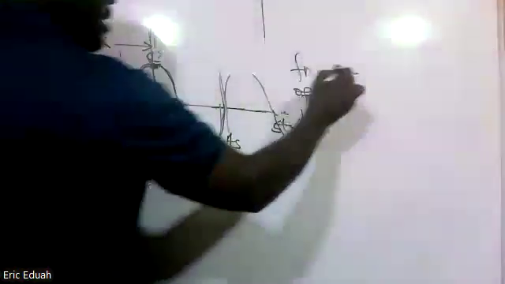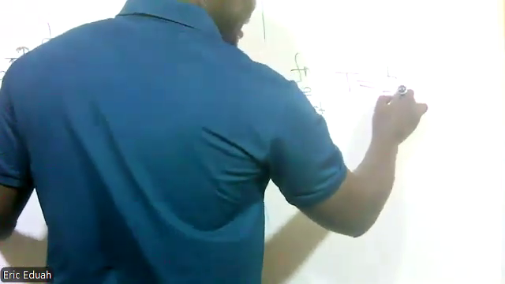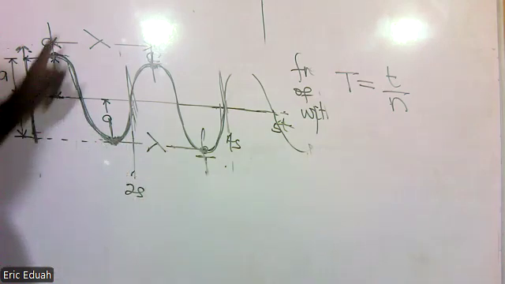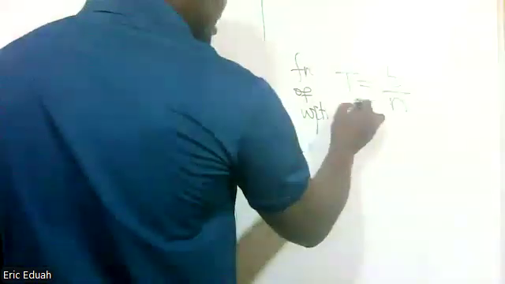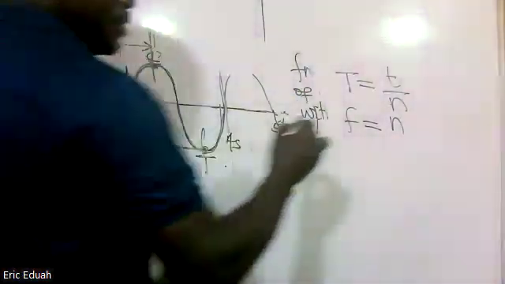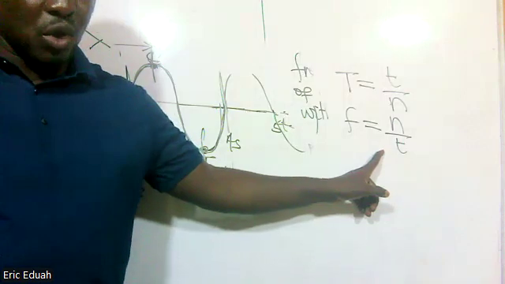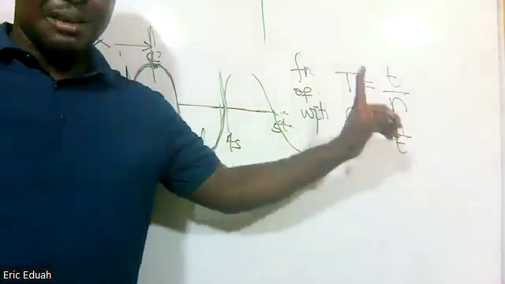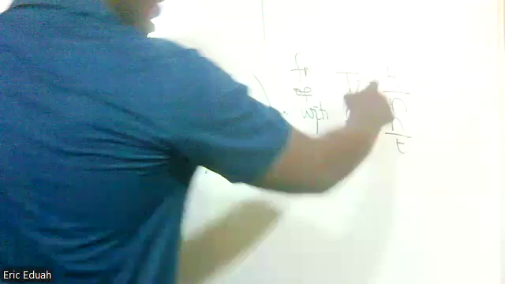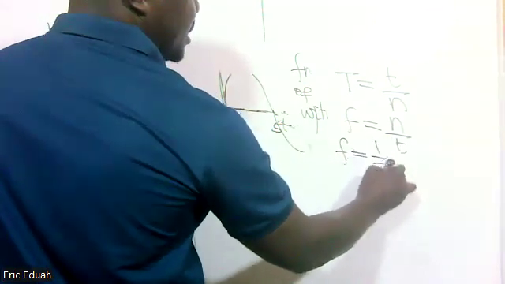T, the period, is equal to the total time divided by the number of complete cycles, and frequency is equal to the number of complete cycles divided by time. But for frequency, the time is actually 1 second. So F is equal to N over T, but usually we peg it at 1 second to determine the number of complete cycles. And so looking at this, F is related to T by this equation.